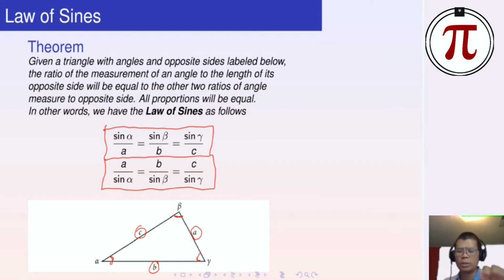Of course, since the ratios are the same, the reciprocals will be the same too. A over sine alpha, B over sine beta, and C over sine gamma will also be the same. Good. So that is what we have for the law of sines.